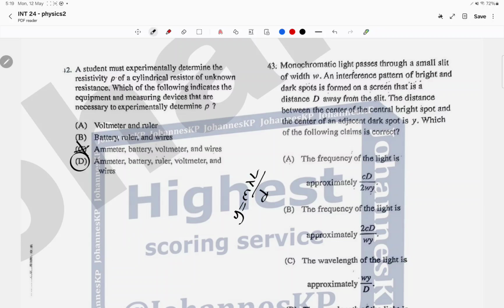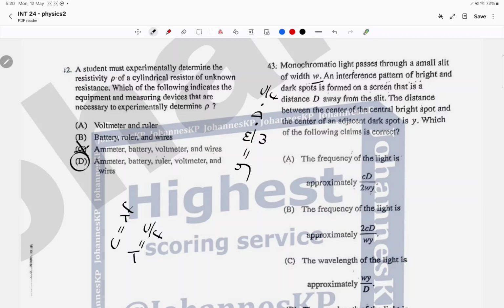So C is equal to lambda F. So lambda is equal to C over F. So here you say M over D times L. Instead of lambda, put C over F. Now, what's W? The width of the slit, which is here. How far is the screen from the slit? D. This is D. Okay? So this whole thing is equal to Y.